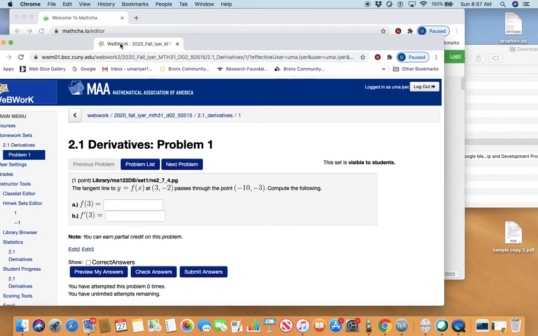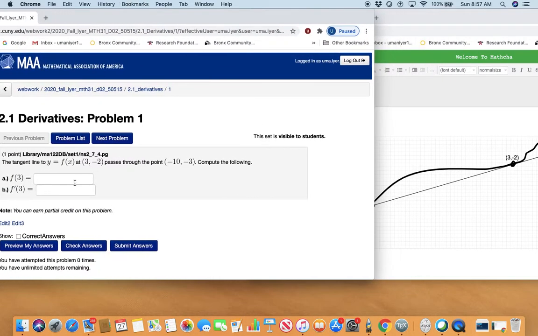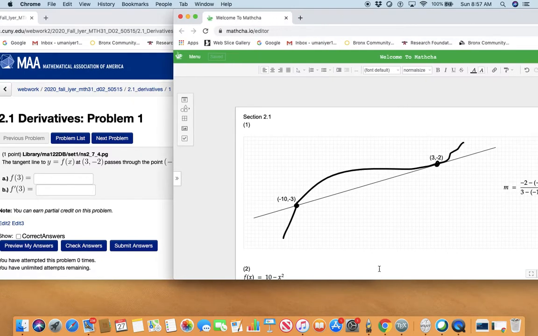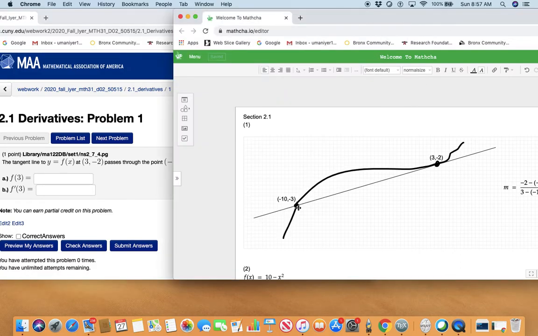So I have drawn a possible picture. I have some curve, and the tangent line to this curve at this point, 3, -2. That means 3, -2 is a point on my curve and I have a tangent line. Now it passes through the point -10, -3.